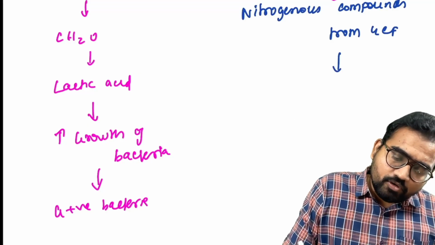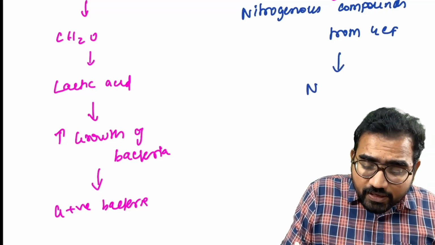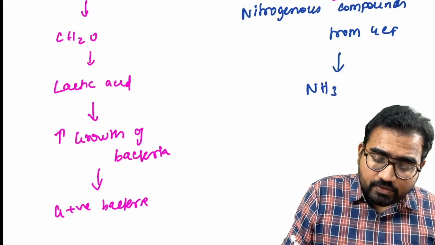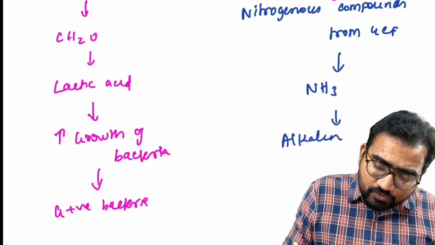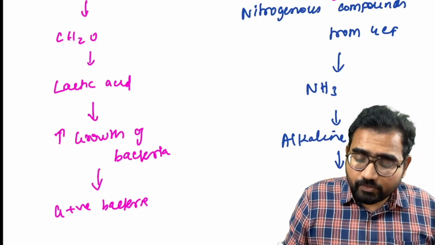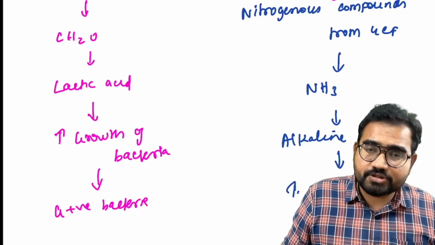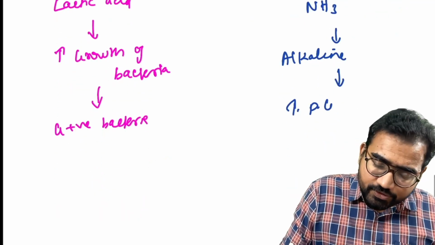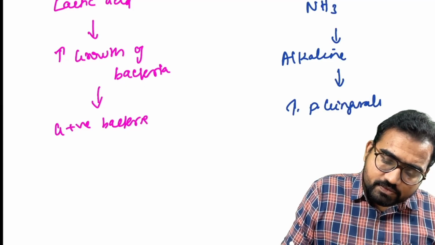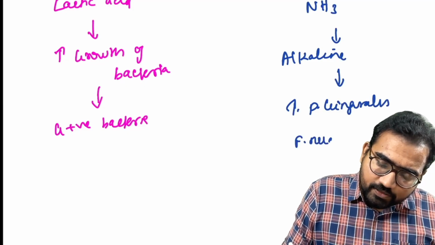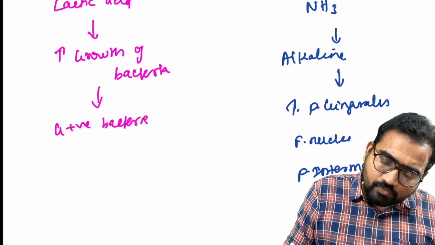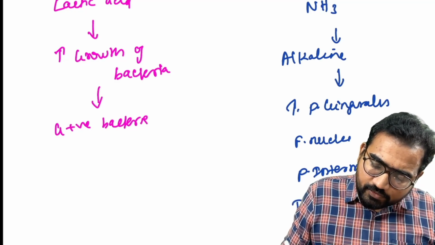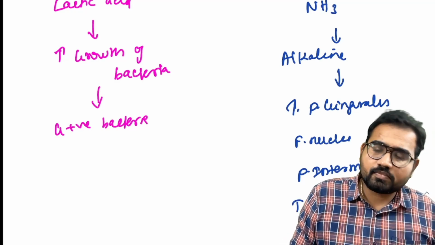What happens? They utilize and produce ammonia, the pH becomes alkaline, and that favors an anaerobic environment and increased production of P. gingivalis, Fusobacterium nucleatum, Prevotella intermedia, and Tannerella forsythia.